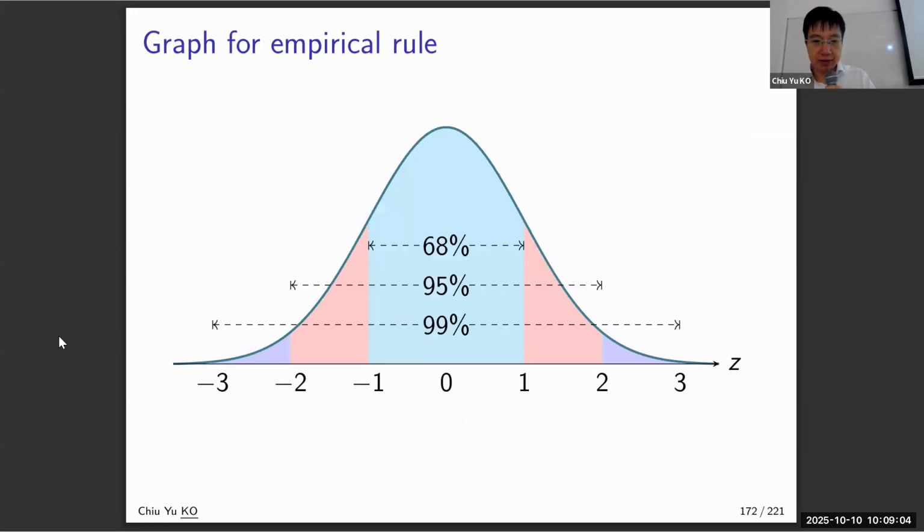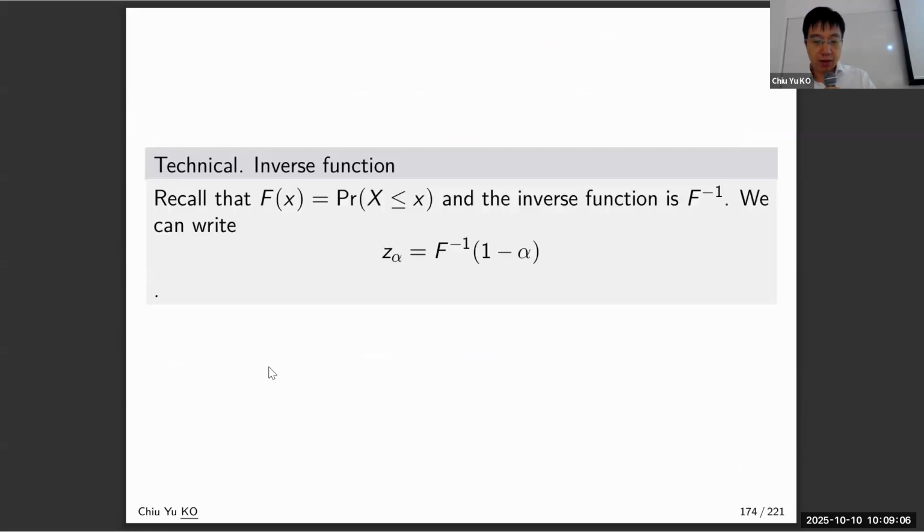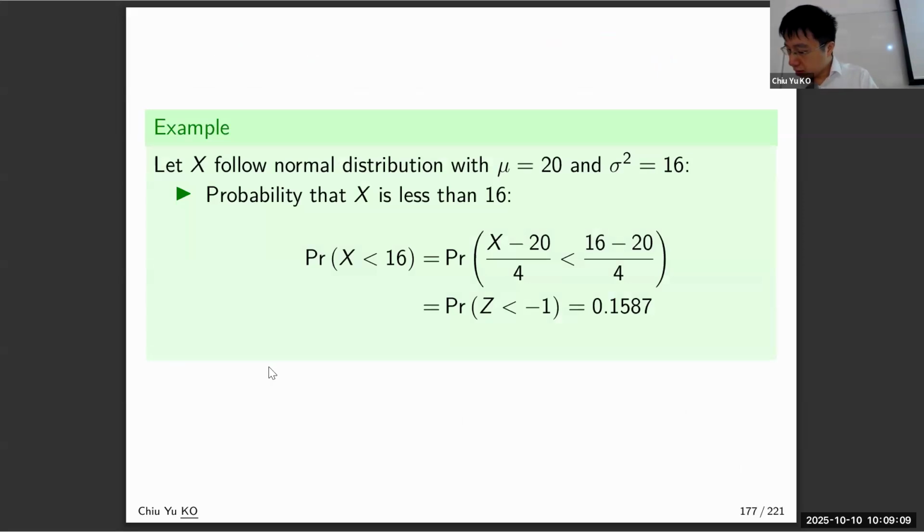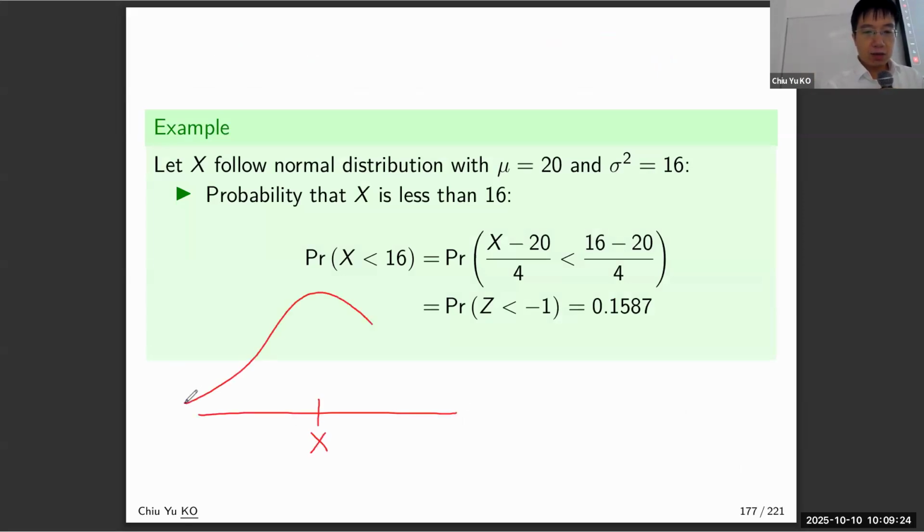Now, once we did that, we are ready to go to the business of this normal. The question will be like this. We have a normal X with mu 20, sigma 4, because sigma squared is 16, take the square root.